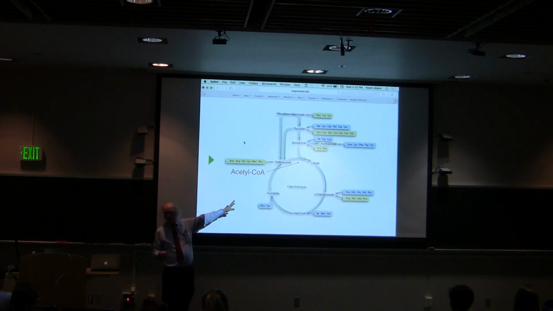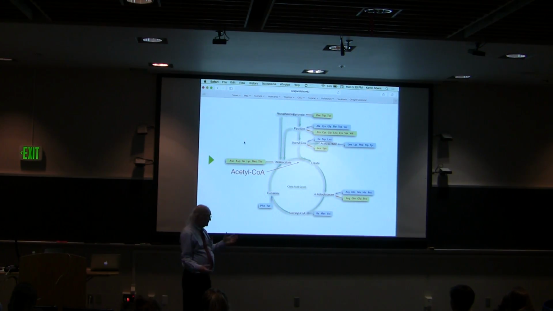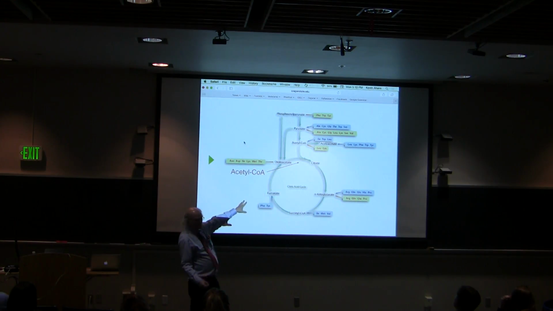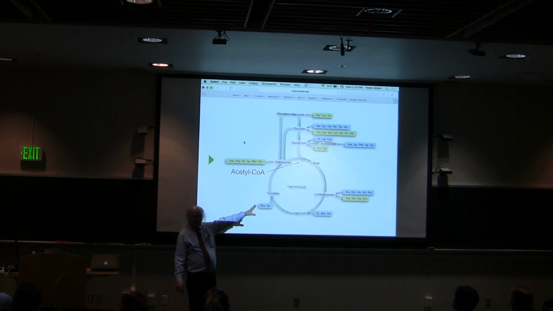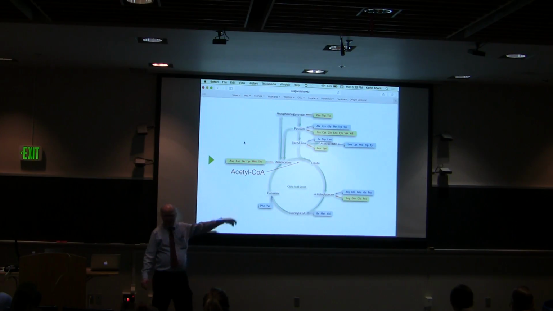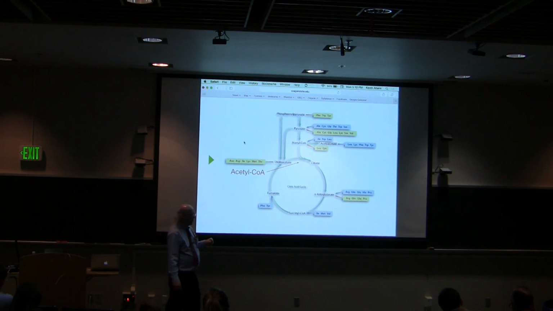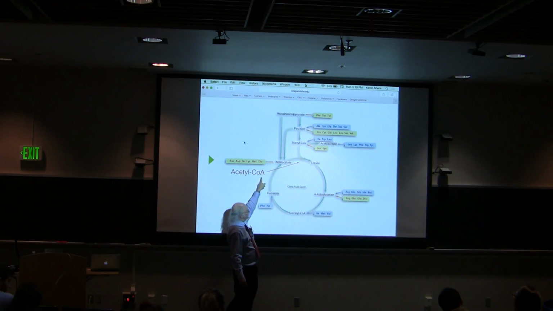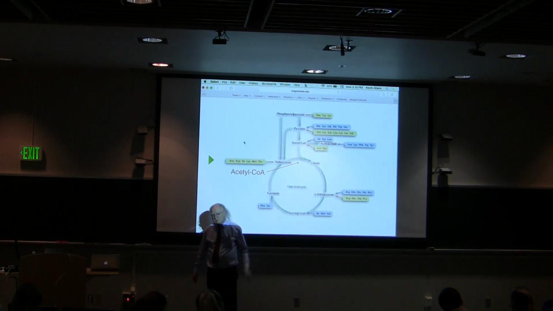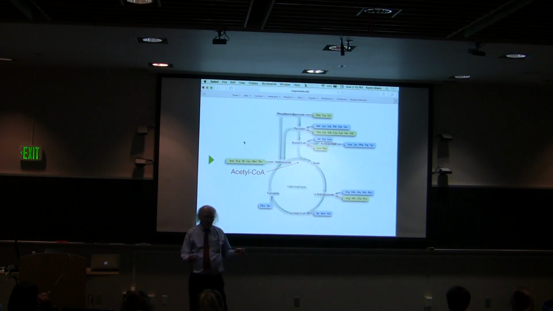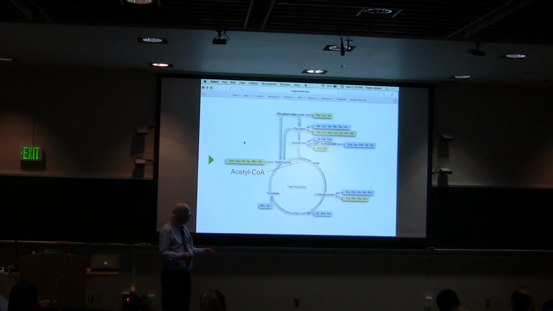This simply shows the amino acids. If we looked at nucleotides, for example, we would see some of the nucleotide metabolism intermediates found here in the citric acid cycle. And the fatty acids: acetyl-CoA, which of course is the starting material for the cycle as we've defined it, comes from fatty acid oxidation.